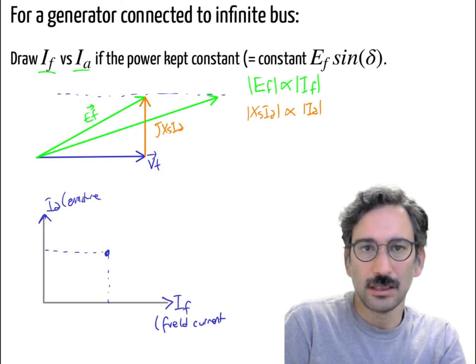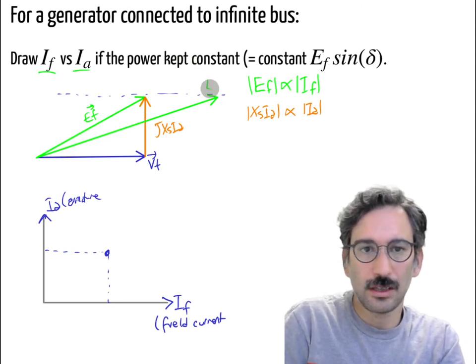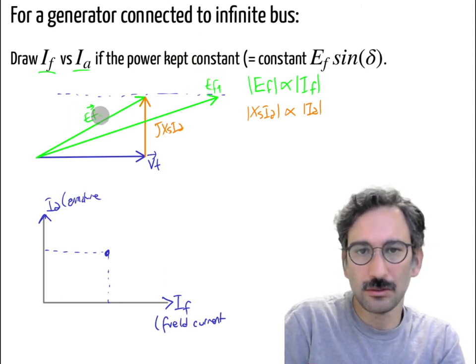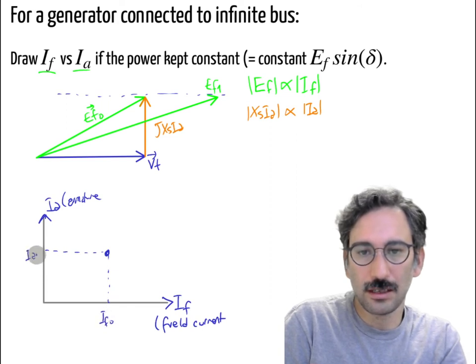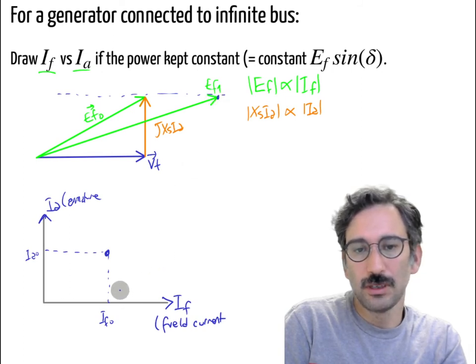Let me define that one as EF1. So this is EF0, at first IF0, and this is IA0. So now I move somewhere here.